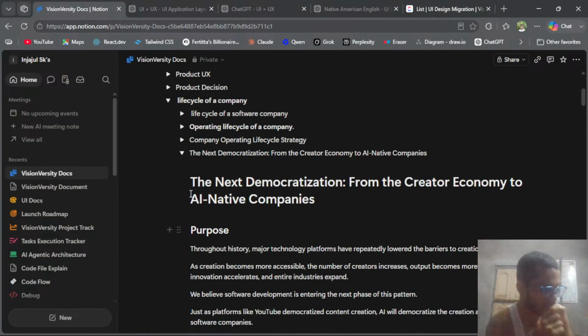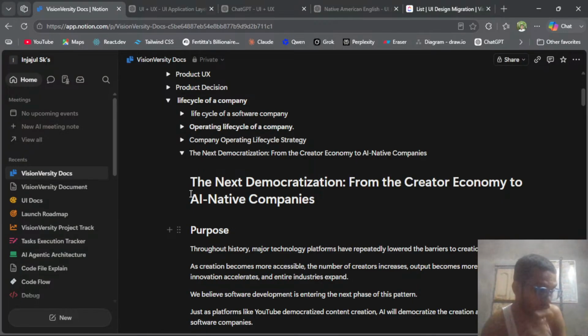How? Before AI, only educated people or well-funded companies were able to create software and solve problems. As a result, end consumers had only a few options to consume. But now AI plays the same role, which means the same pattern. AI reduces the barrier to creating a software company, and the purpose of a software company is to make our life simpler, easier, faster.